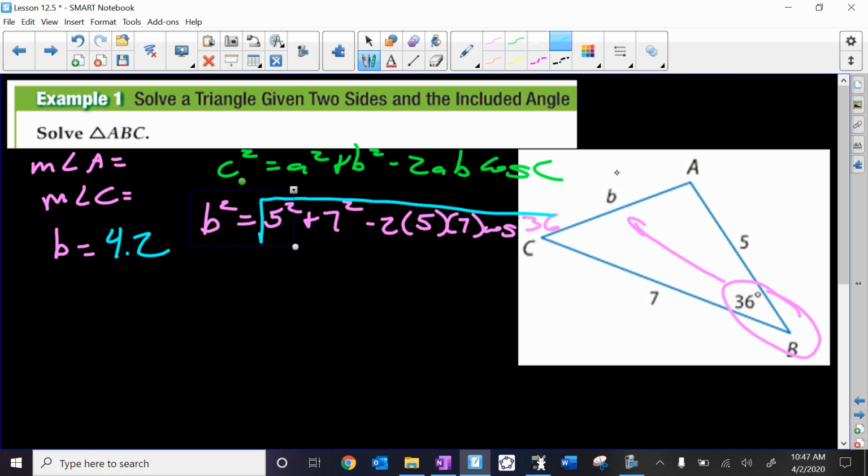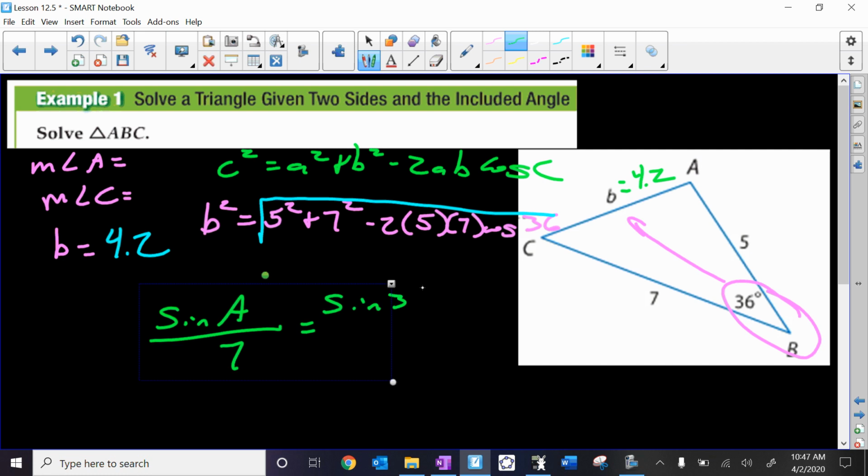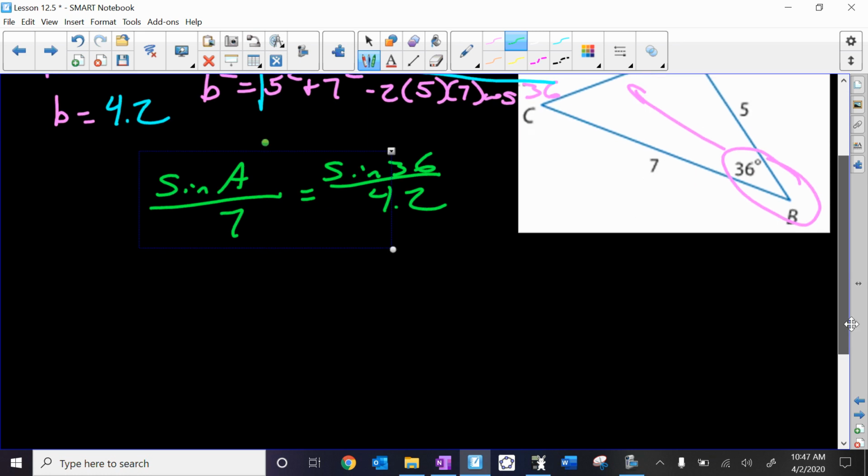And now you should be able to use the law of sines to solve the rest of it. So we're going to say, let's solve for angle A. Sine of A over 7 is equal to sine of 36 over 4.2. Multiply both sides by 7. Sine of A equals 7 sine of 36 over 4.2.